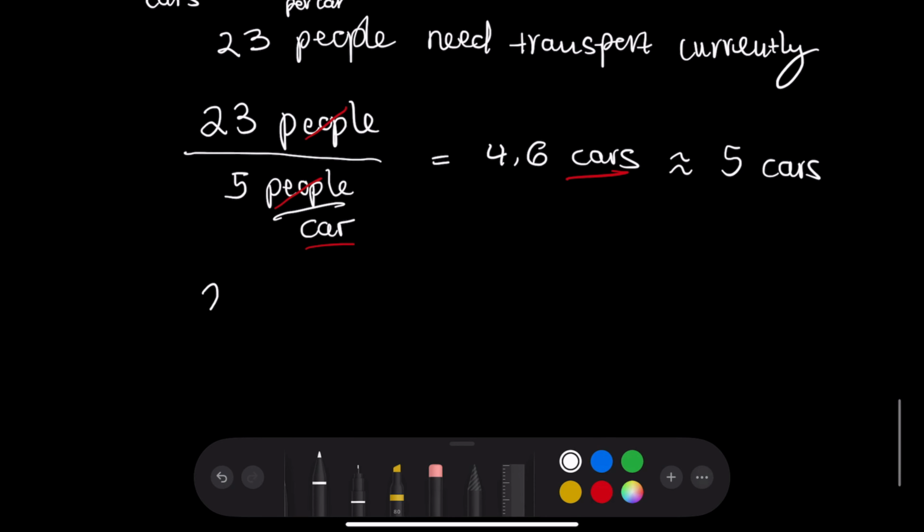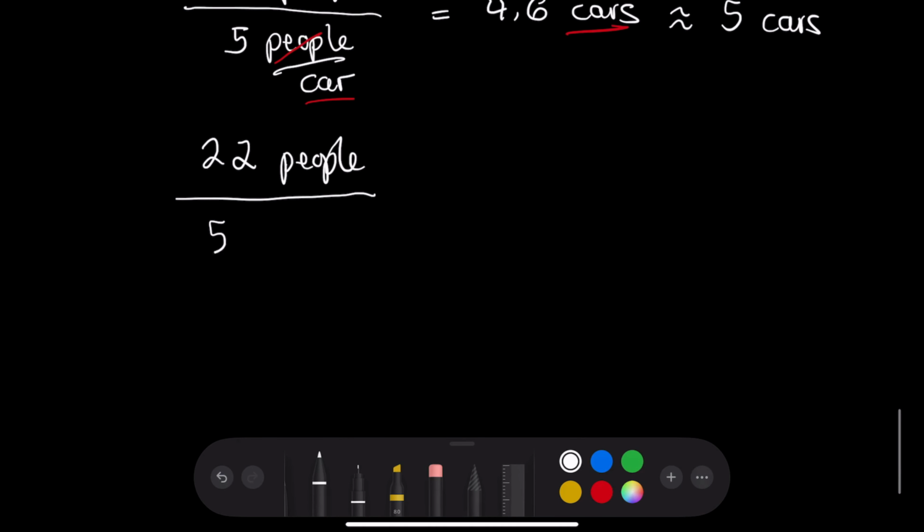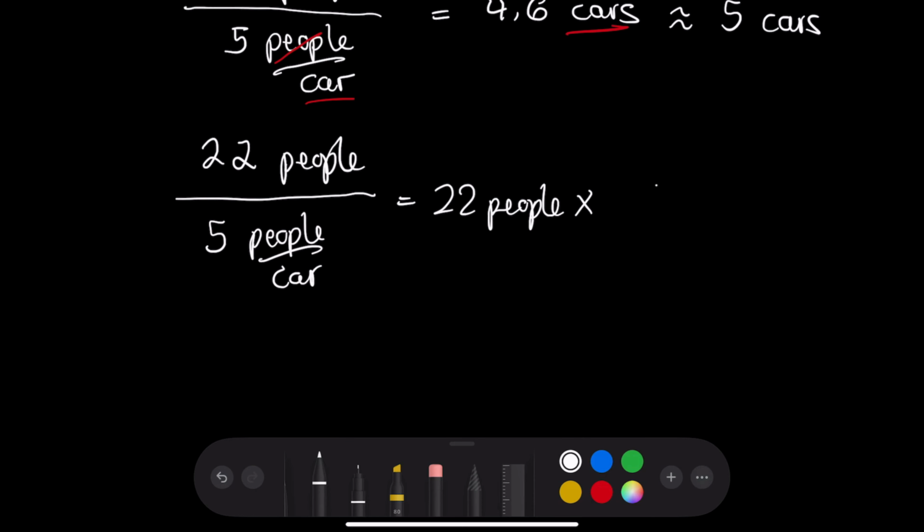Then 22 people divided by 5 people per car, that's the same as saying 22 people divided by 5 people per car.